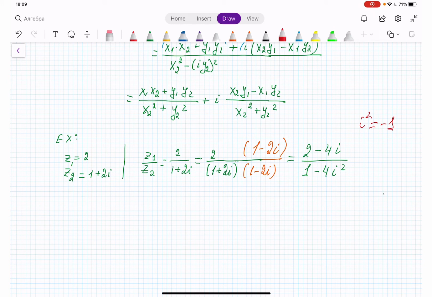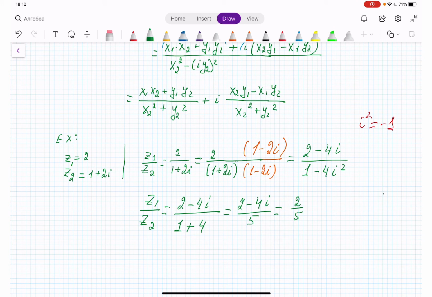Therefore, z1 over z2 is equal 2 minus 4i over 1 plus 4, or 2 minus 4i over 5. From here I can write it in the form of a complex number: 2 over 5 minus 4 over 5 i.